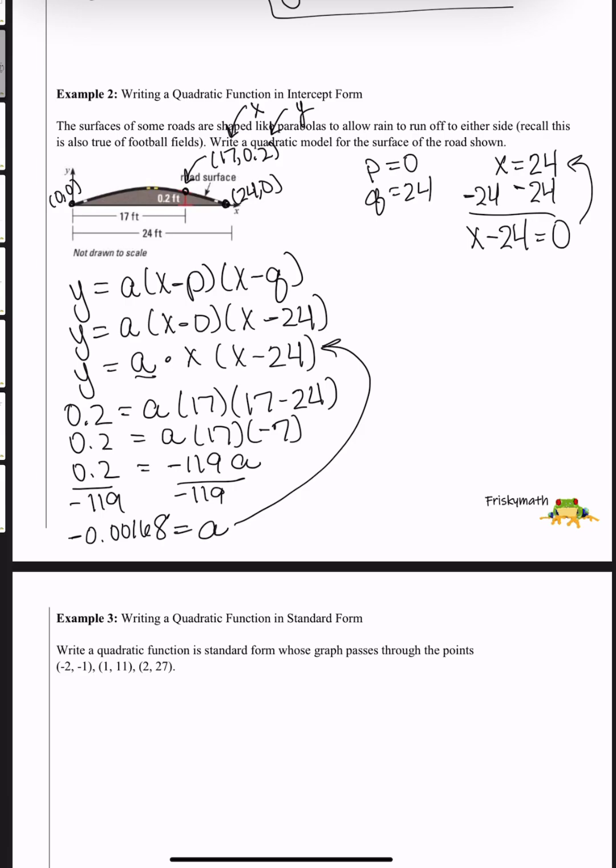So I will rewrite this as y equals negative 0.00168x times (x minus 24). You can also distribute and end up with an x squared, or you can leave it in intercept form.